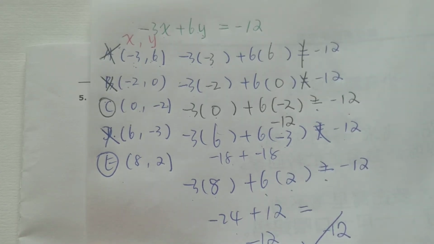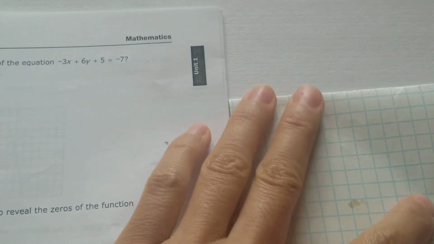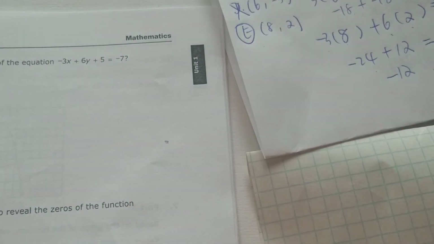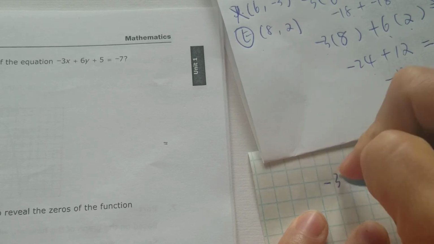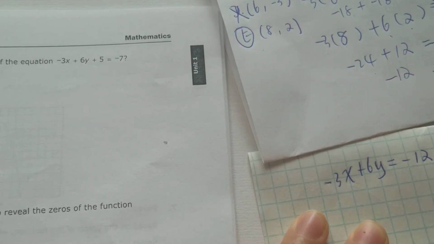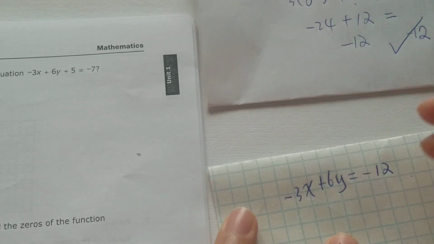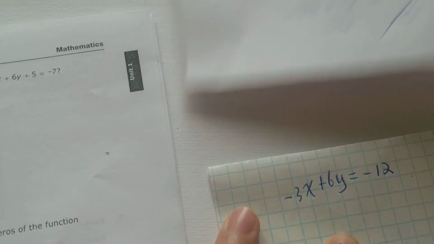Now, in order to confirm our answer, let's see if we are able to graph it and see if this matches our solution. So, -3x plus 6y equal -12. In order to graph it, I'm going to use the slope and the y-intercept.